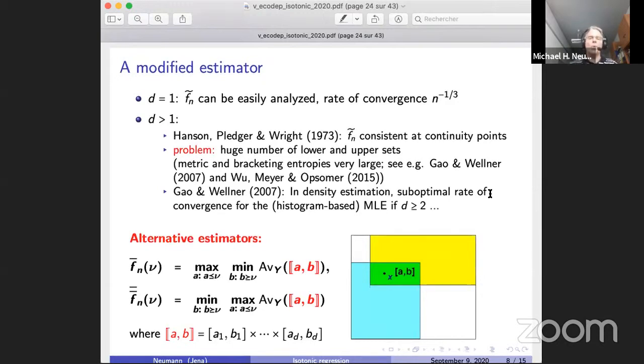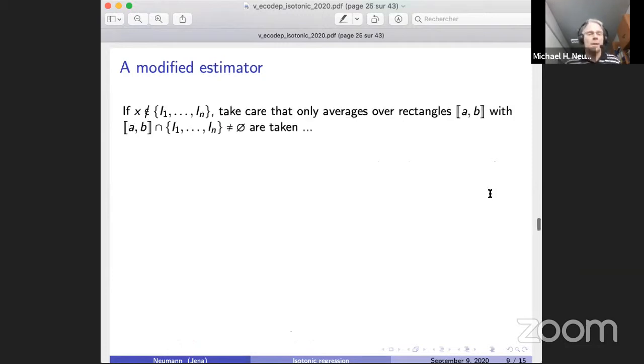Here in blue color, you see a possible lower set, and in yellow color, a possible upper set, and both sets are of rectangular type. And when we consider intersections of these sets, this means we have to take averages over such hyperrectangles in higher dimensions. Okay, so next part, please.